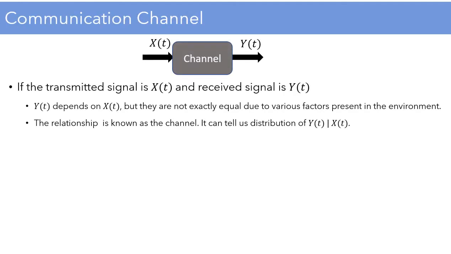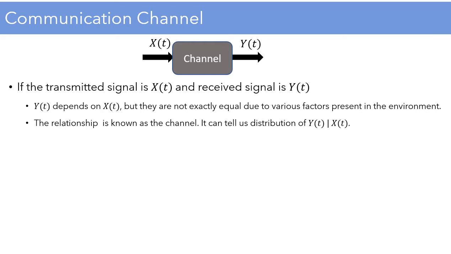Now let us talk about the communication channel. We said that a communication channel has an input xt, which is a transmitted signal, and then it has a received signal yt. And because of different environmental factors, yt is a distorted version of xt. If the channel is noiseless or perfect, then yt can be equal to xt.